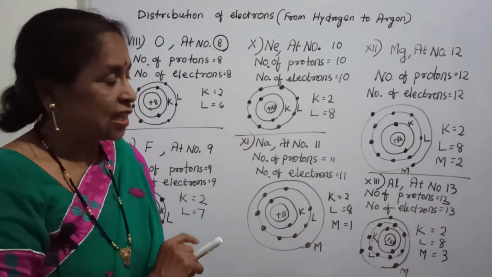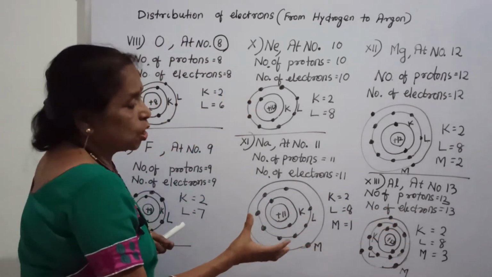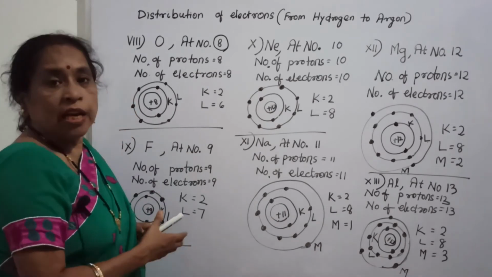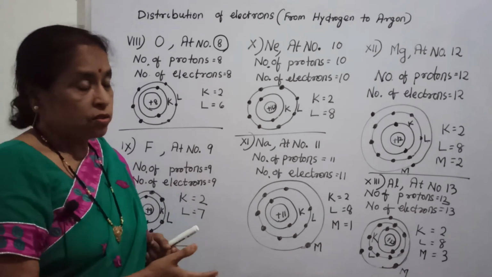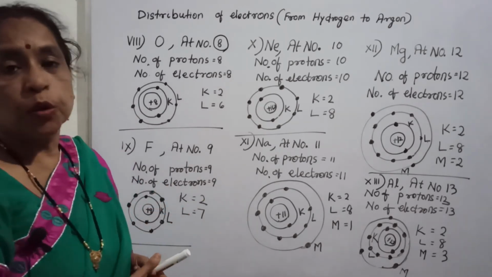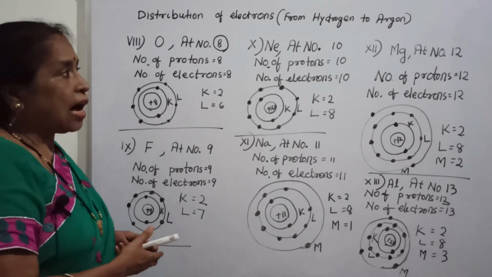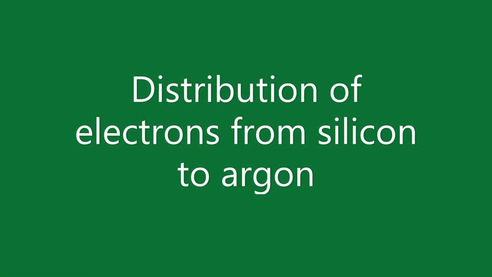Similarly L shell has 8, and then the remaining 3 electrons, so M shell has 3 electrons. So the total electronic configuration, or you can say distribution of electrons, is K equal to 2, L equal to 8, M equal to 3. After that you will see silicon to argon.